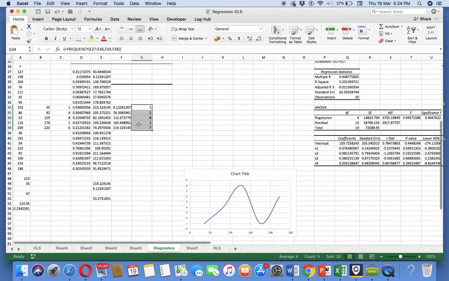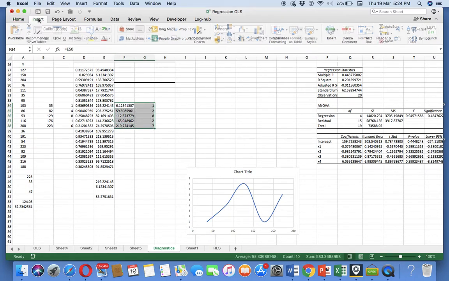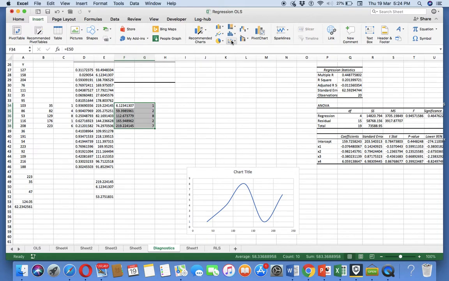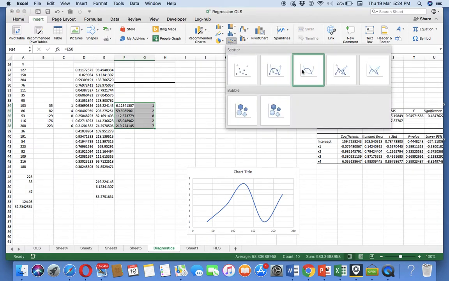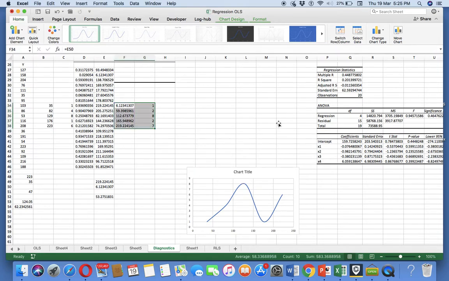Now when I plot this, this is the actual, and my theoretical frequency distribution will be like this. So insert XY. A little bit of a problem is creeping in with this data, so I have to think about a mistake somewhere.